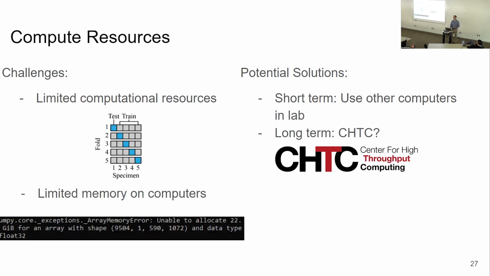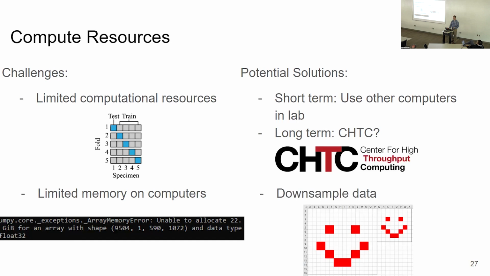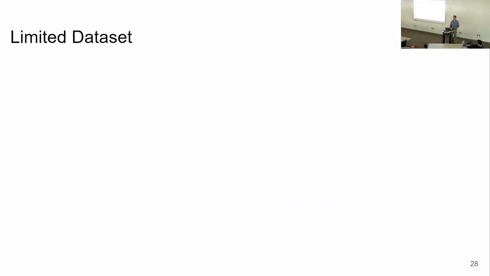Limited memory on the computers has also been something I've been running into. My solution is just to downsample or downscale the data. So far it's worked, but I don't know how much I'm missing out when I downscale the data. That's a challenge I've been running into.